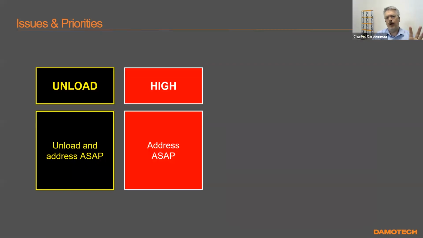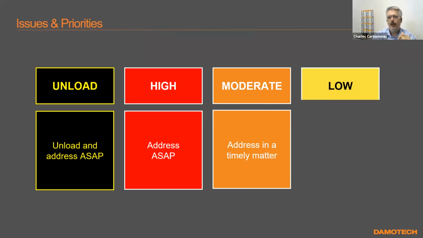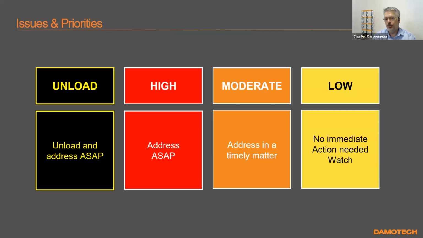Then there's high priority where we say, oh, this is pretty bad. Maybe we unload a couple of pallets at the very top, but it was still holding the load. We just don't want to take any chances, but it's not a full unload. And then maybe you have something in that gray zone, the moderate zone, and there's low priority issues.